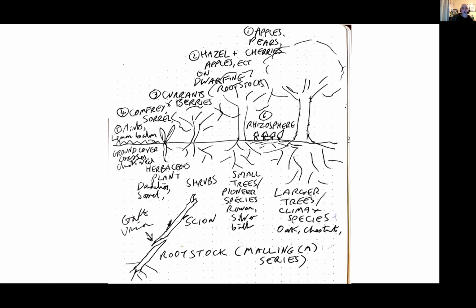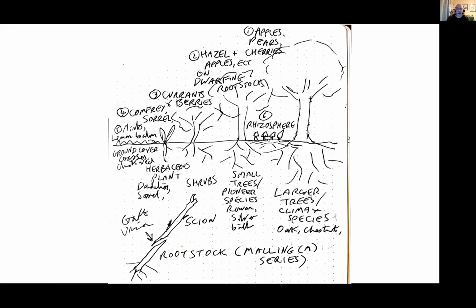There are things like Jerusalem artichoke, which is a perennial you might be growing in a forest garden for its root crops. But by and large, as we're trying to minimise soil disturbance, and we're not wanting to be digging things up all the time, because that's defeating the object, there aren't that many root crops we'd really be considering.